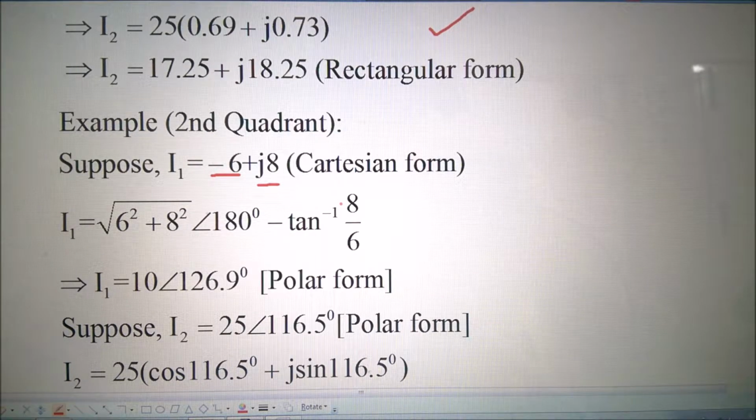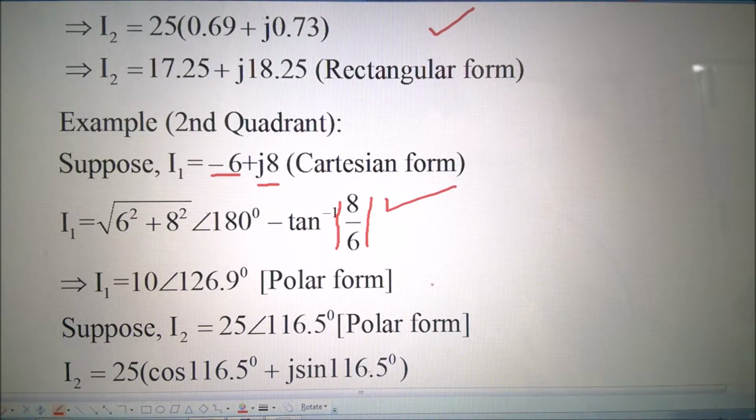You can put the modulus sign here also, but if you keep only the positive values, then the modulus is not required. That is the important thing here, to find the angle.